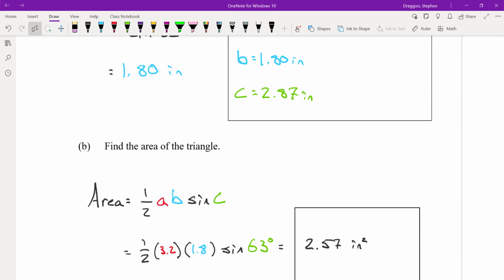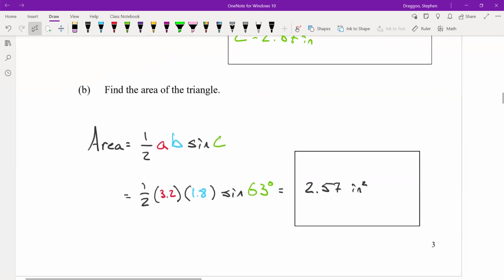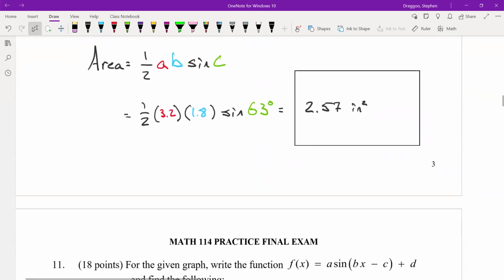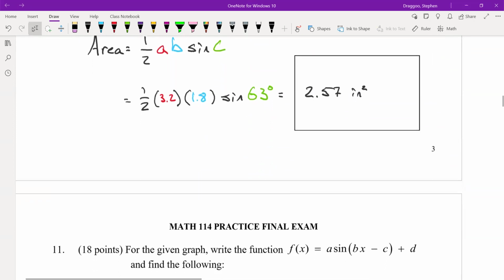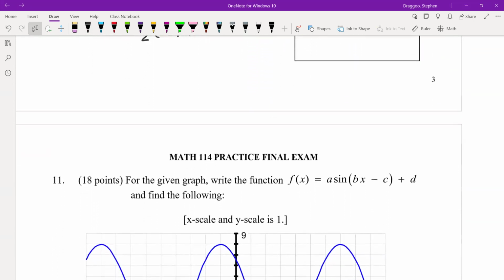It's probably just a rounding difference. We'll account for that on the exam itself. So as long as you're within like 1% of my answer, you're in good shape. And 1% is bigger than it sounds like it is.